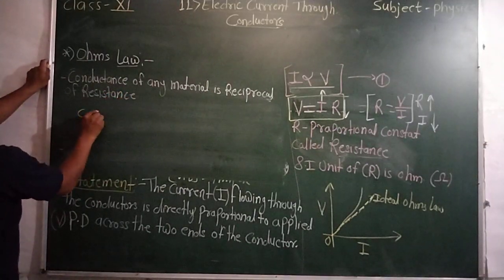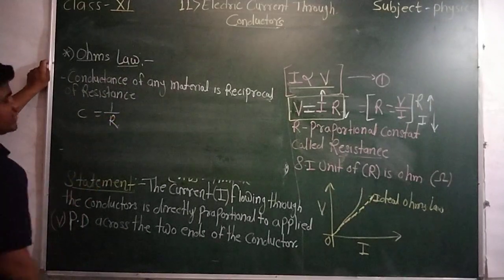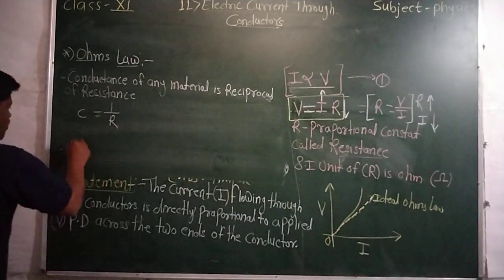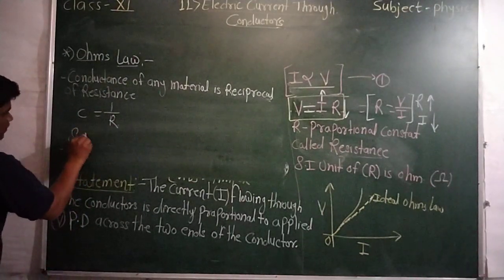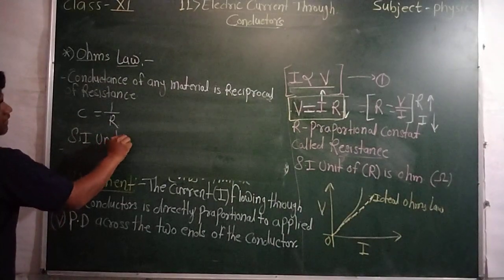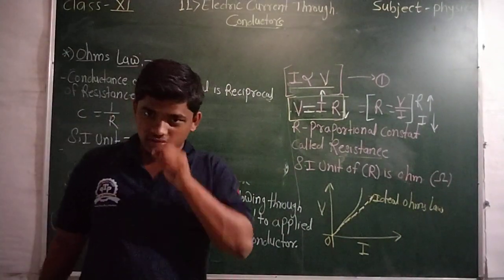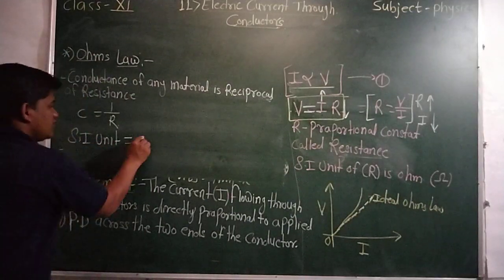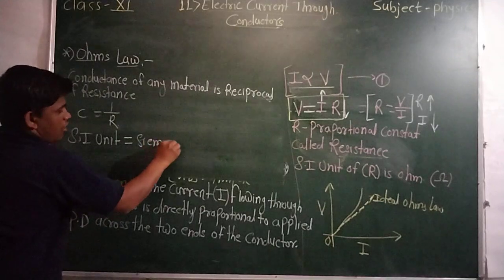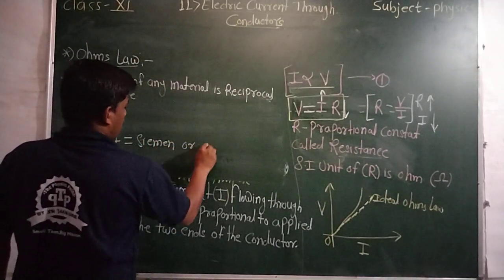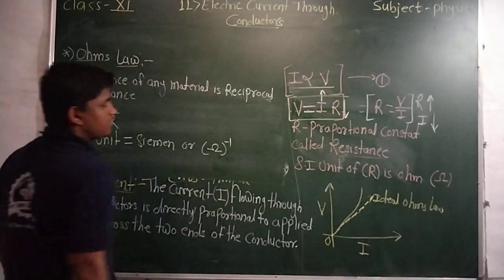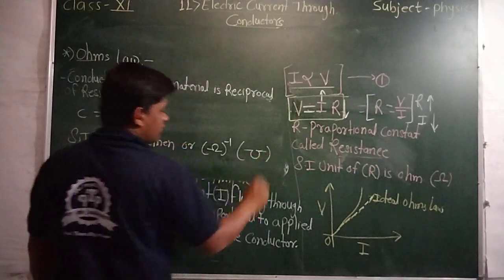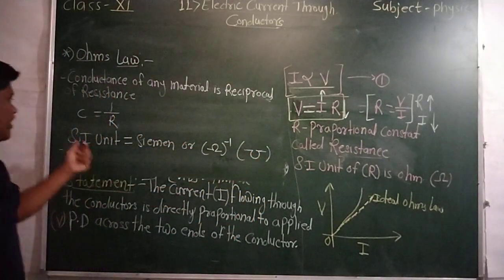Conductance is denoted by the symbol C, and it is the reciprocal of resistance, that is 1 upon R. The SI unit of conductance is Siemens, that is ohm raised to -1, or sometimes these symbols are used for the explanation of conductance.